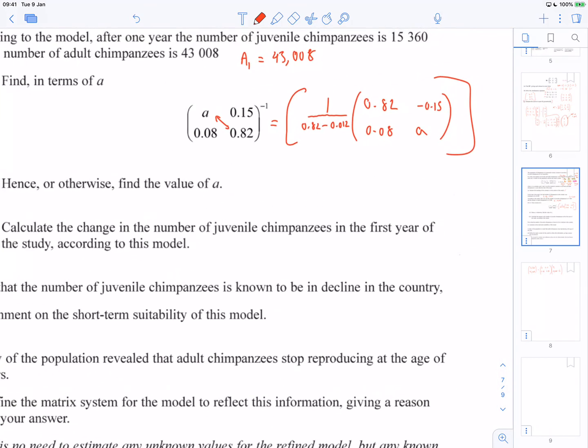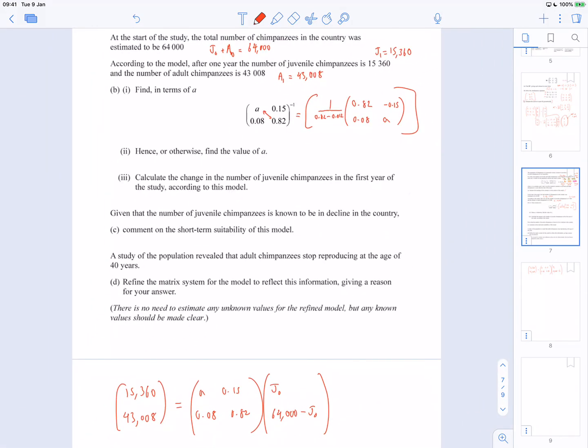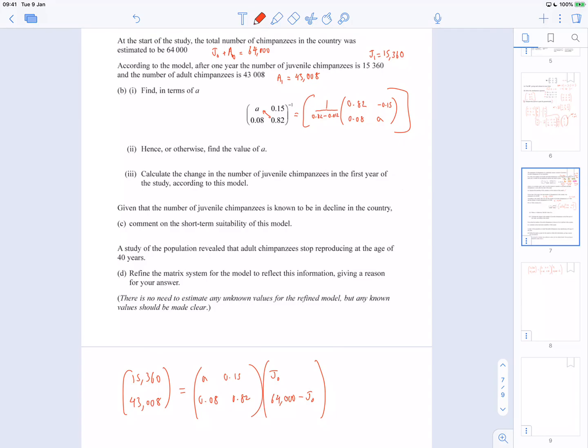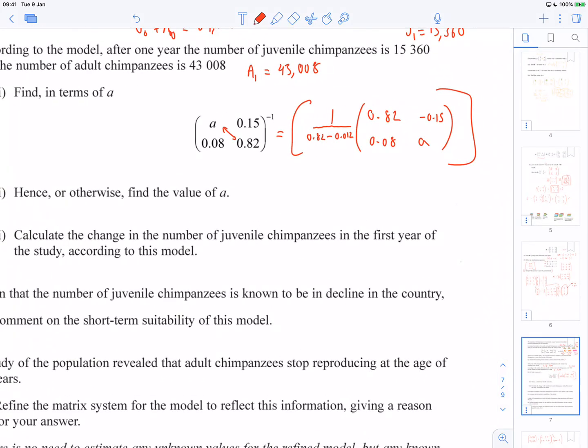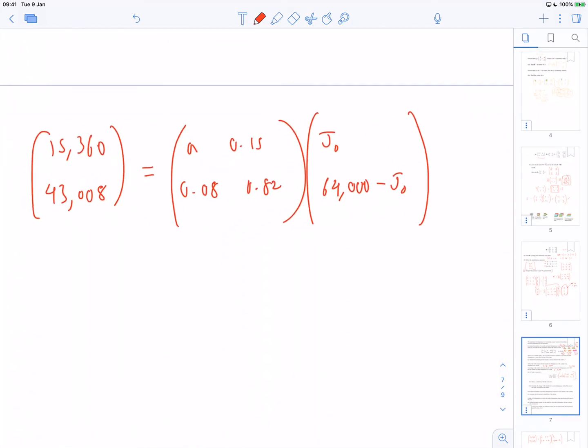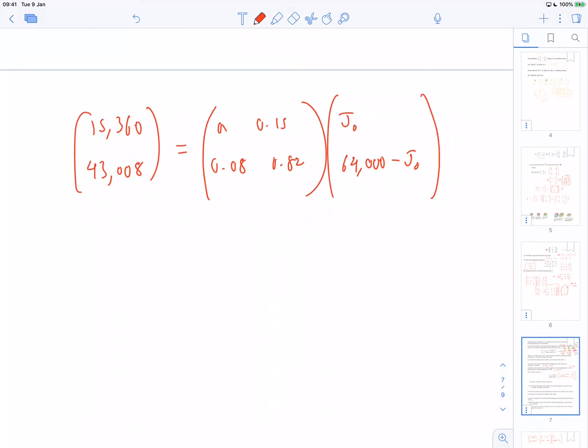The reason why I'm not going to use the inverse is that this looks a lot easier to solve. So what I've actually got is A times J0, so A J0 plus 0.15 times this. So what's 0.15 times 64,000?